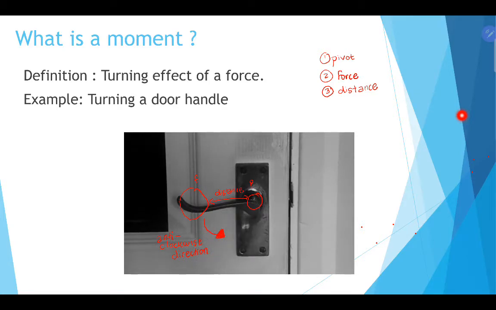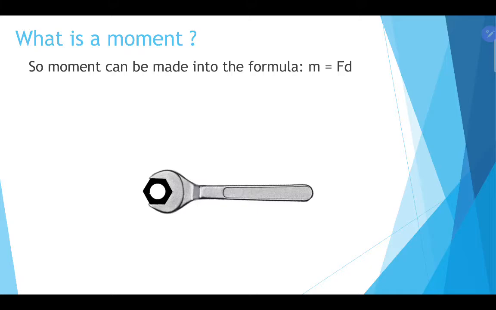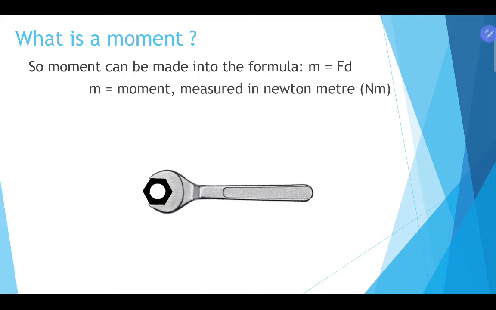Alright, should be easy enough, right? Now that you can recognize what moment is and which factors to look at for moments, we'll look at the formula for moment. Moment can be made into the formula M = Fd. M is the moment, measured in Newton meter. The SI unit for Newton meter is Nm, capital letter N, small letter m.